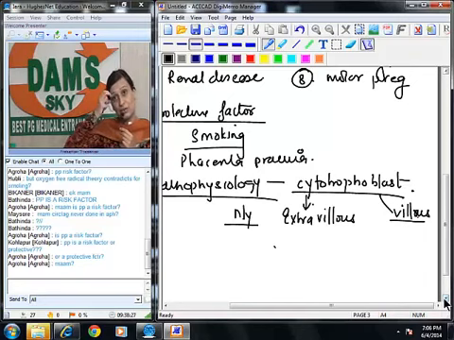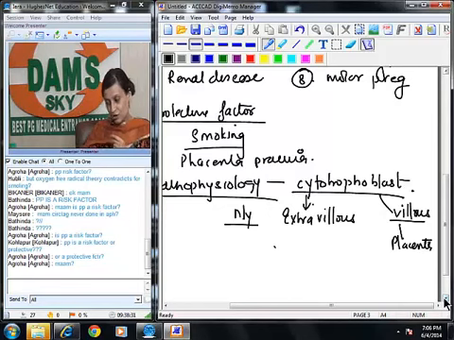The villous cytotrophoblasts are the ones which take part in the formation of placenta, right? Whereas what do the extravillous cytotrophoblasts do?